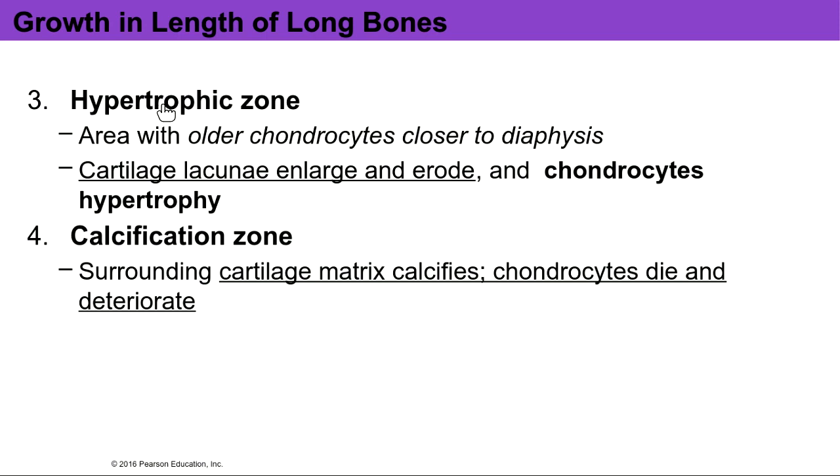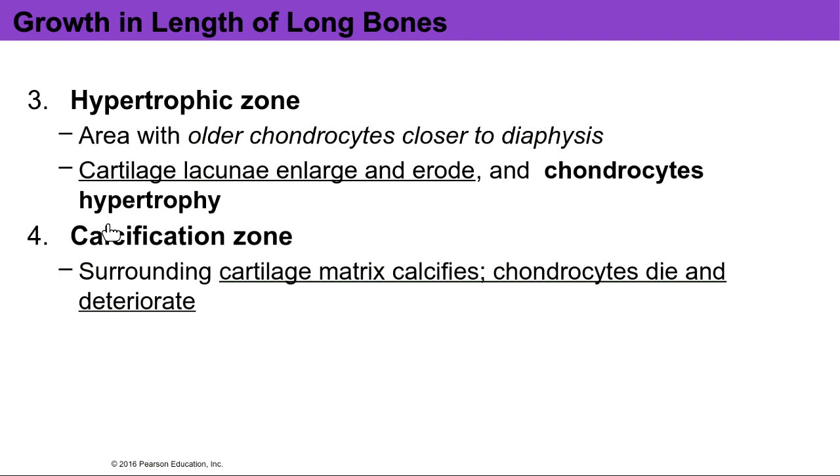Hypertrophy means the cell's getting too big, and it's not functional either, so it will die off. So in the hypertrophic zone, we have large chondrocytes, and because they're getting larger, they're going to start to die off. The lacunae that were holding the chondrocytes start to erode, and we're going to have a dying off of these chondrocytes because we're getting closer to the diaphysis, which means we need that to be bone there.